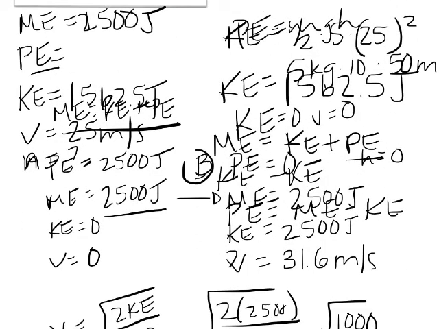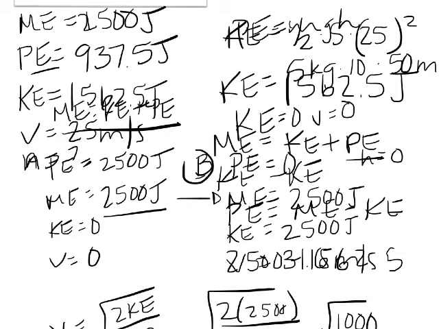or 2,500 minus 1,562.5, which ends up being 937.5 joules. Okay? So now that we have our PE, we can plug that in to find our height. All right?